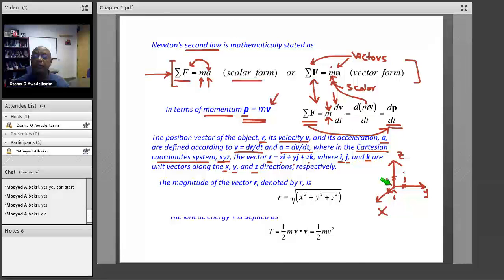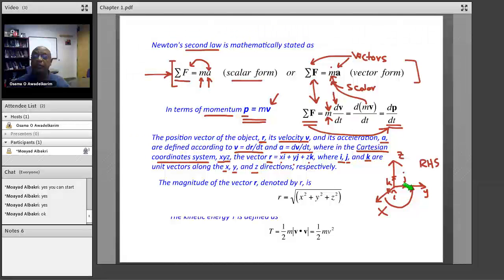This system is a right-handed system, RHS. A right-handed system of coordinates is the system where, if you hold your right hand fingers such that the fingers are curled from the x to the y direction, then the thumb points in the z direction.